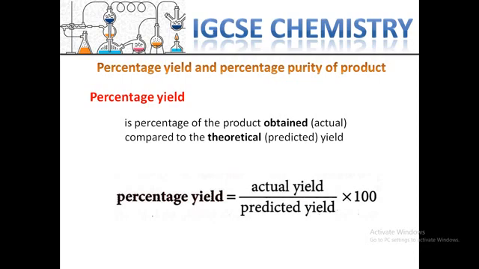We learned before how we can predict how much product we can get. But the product you get in the laboratory is defined as the actual product, meaning what you get in a real situation. If you divide actual by theoretical and multiply by 100, that is the percentage yield.